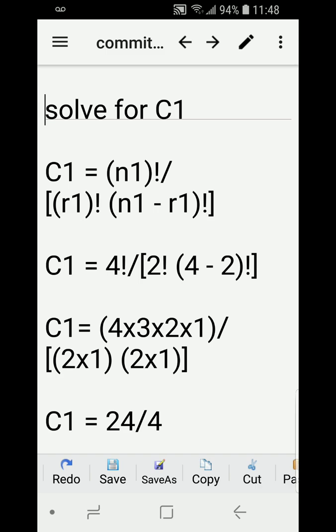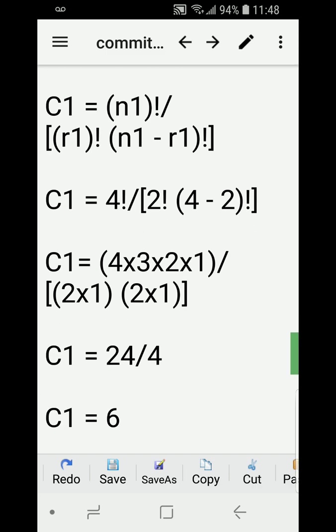N1 is 4 and R1 is 2. We simplify the expression, and we get C1 is equal to 6. So that's the number of ways that 2 chemical engineers can be selected out of 4 chemical engineers.